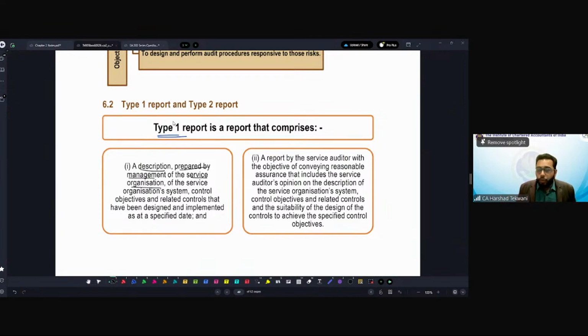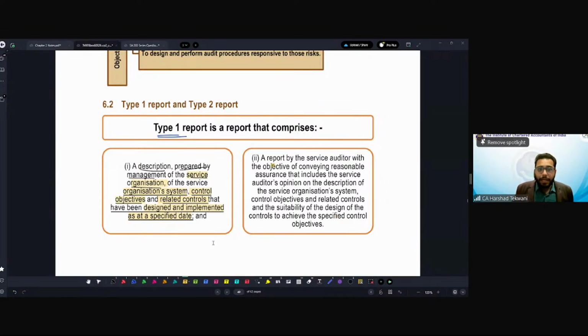What they provide in that description is the organization's system, control objectives, and related controls that have been designed and implemented at a specified date. That is prepared by the service organization. Number one, that is the first part of my Type 1 report.